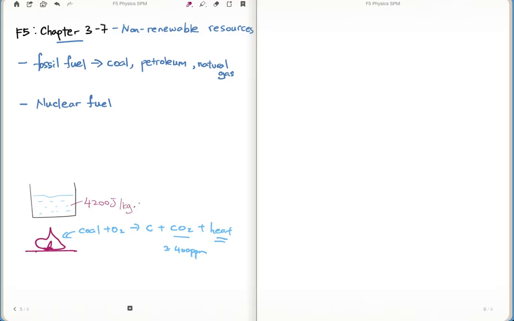So you need this much energy, so you need to burn a lot of coal. What happens when it reaches boiling point? You get steam, a gas. Then from chapter 3, and also this chapter, we have learned what happens.